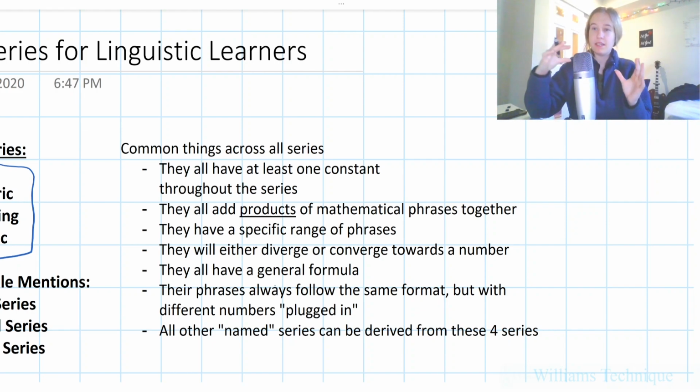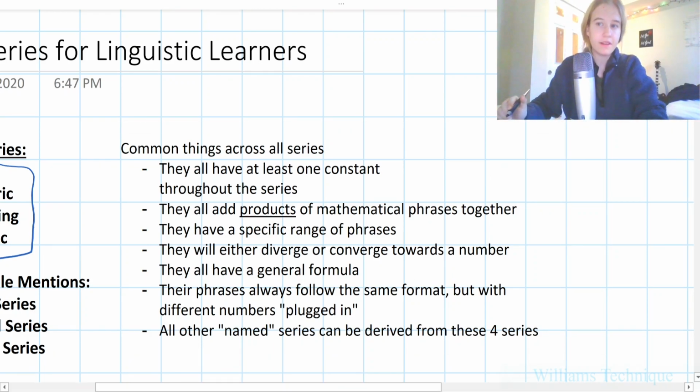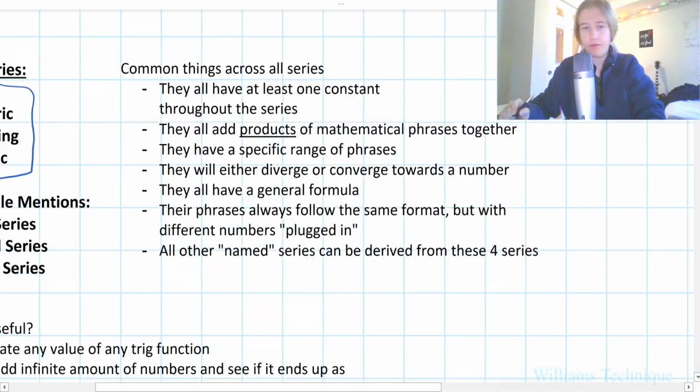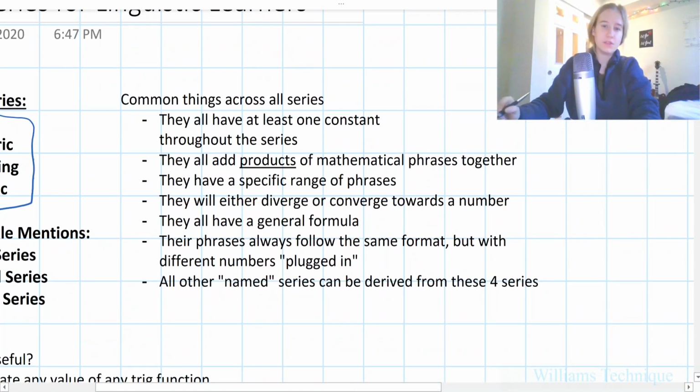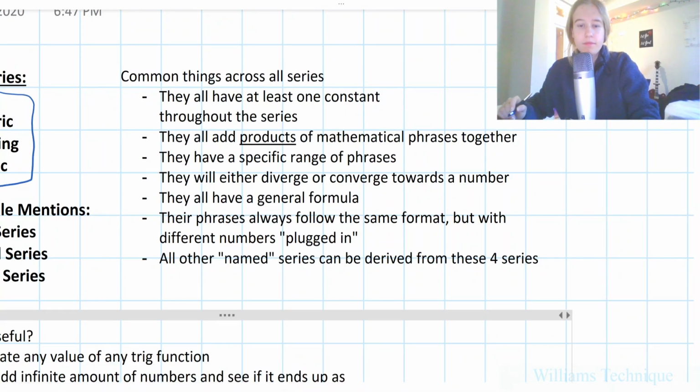If they diverge, that means that the series is either going to be increasing to infinity, or it will go to -infinity, depending on if it's a positive or negative series. We'll go into conditional convergence and absolute convergence in another lesson, because that would be too much for today. Today we're just going over how to identify what type of series there are.